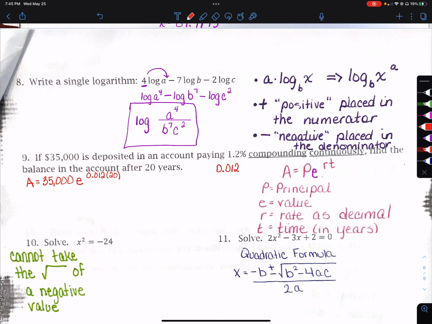So let's go ahead and calculate this. So it's 35,000 e to the power of, well, let me do that one, make sure I don't mess that up. 0.012 times 20 gives us the power of 0.24. Okay, now on this piece, we need to do the exponents first.